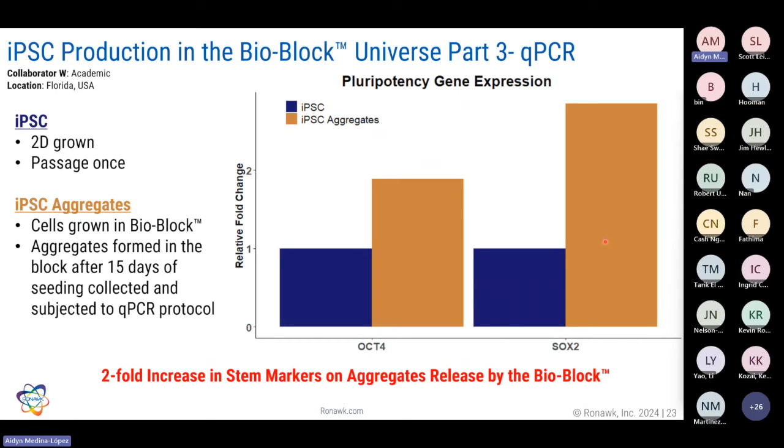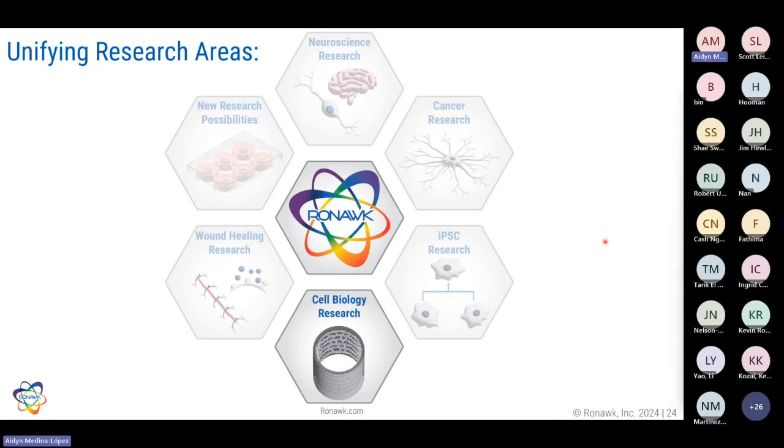But we are currently working with this collaborator to take this further, keep checking those stem markers for longer periods of time, and also differentiate not only in the bioblock, but also the cells that are coming out of the bioblock.